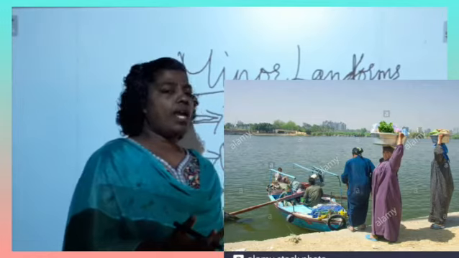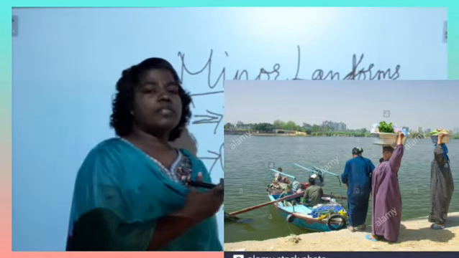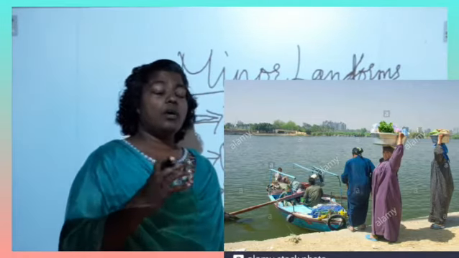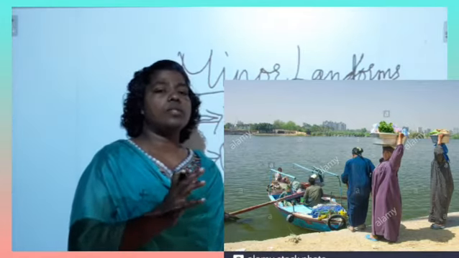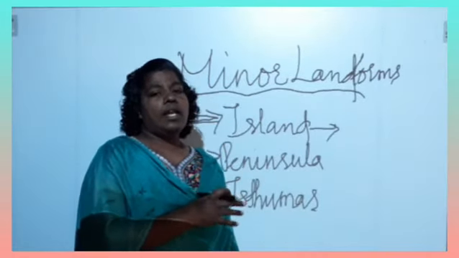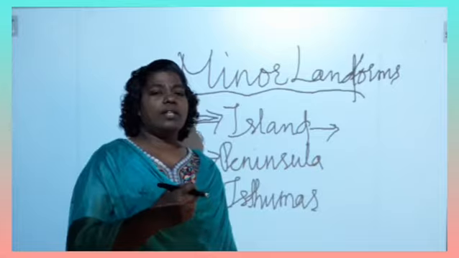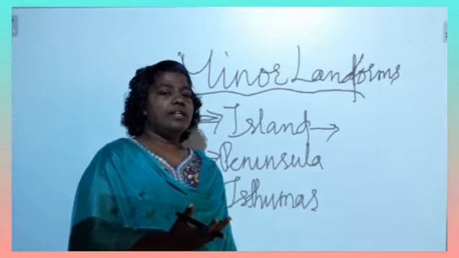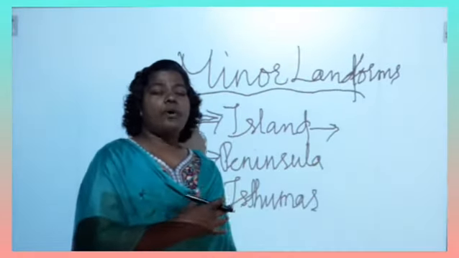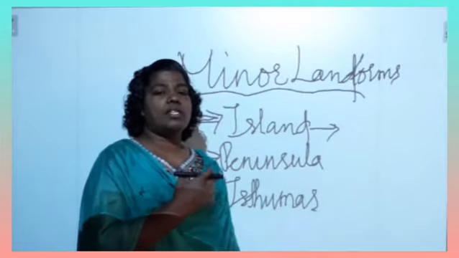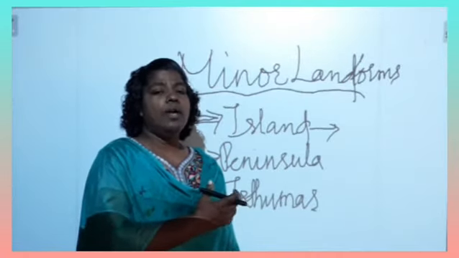The next thing we have seen is landforms and people, and how people are closely related with landforms. The culture and lifestyle also change because of the landforms and geographical features where they live.